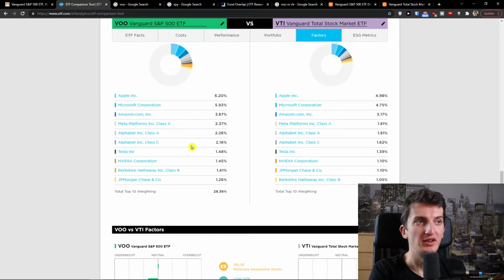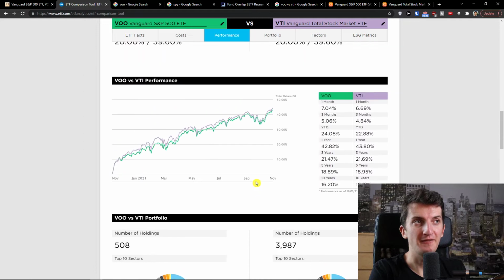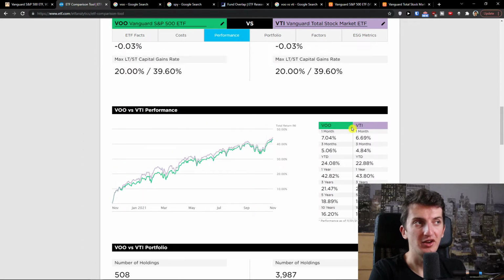Yep, here it is. So the total top 10 weighting, Apple, Microsoft, are relatively similar, but there are also those small ones that are making the effect on the performance of VTI. And you see clearly here the difference between VOO and VTI in performance.